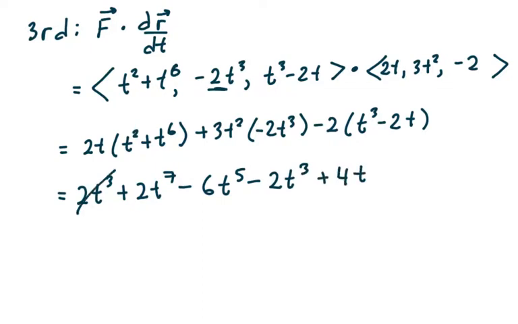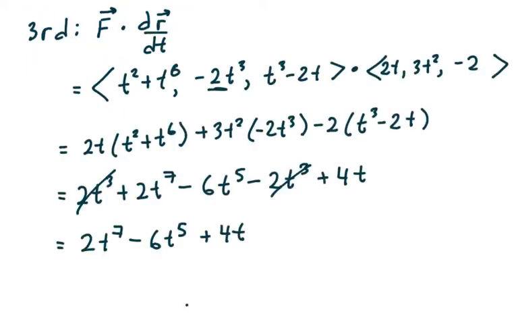And so these 2t cubed terms cancel, and I get 2t to the 7th minus 6t to the 5th plus 4t.